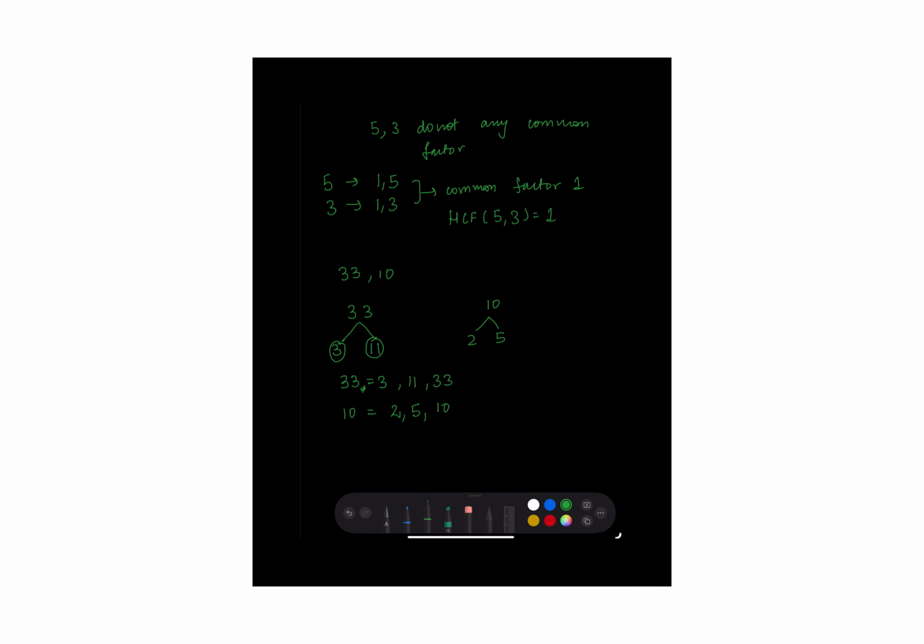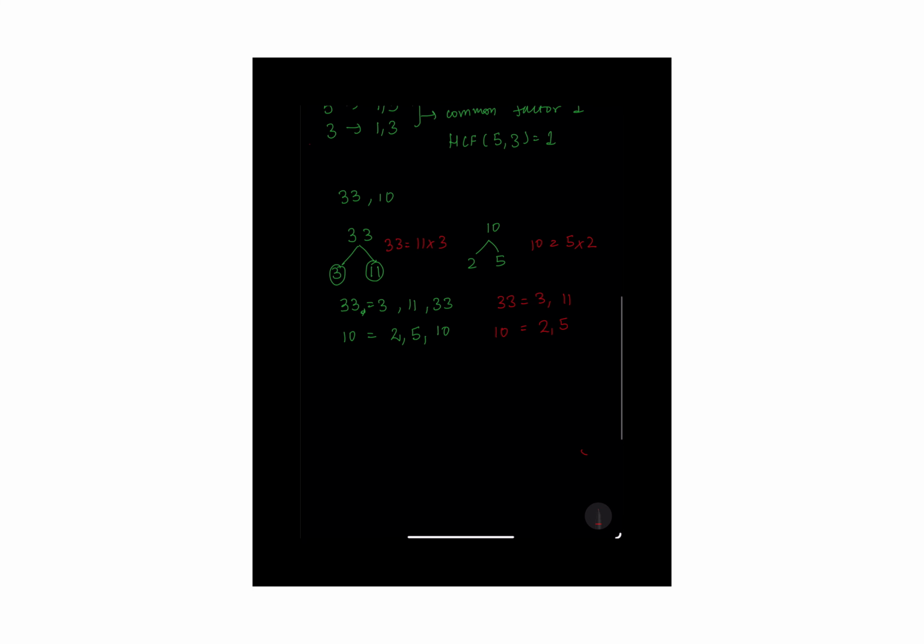But if we talk about prime factors, the prime factorization of 33 is 11 into 3, and the prime factorization of 10 is 5 into 2, which gives us prime factors of 10 as 2 and 5. Now we see that these two numbers do not have any common prime factor.